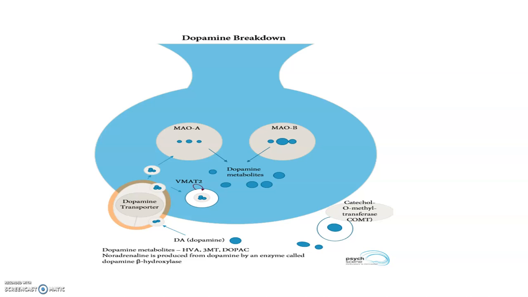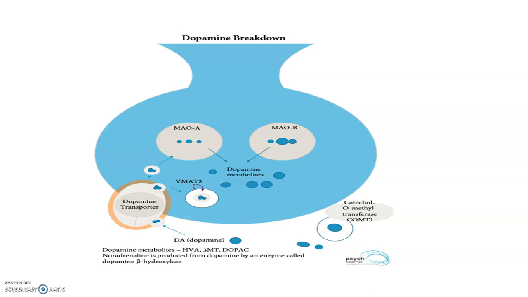Now this diagram will illustrate the dopamine breakdown. At first the dopamine is converted to DOPAC in the presence of monoamine oxidase and aldehyde dehydrogenase. DOPAC is converted to homovanillic acid in the presence of catechol O-methyl transferase.